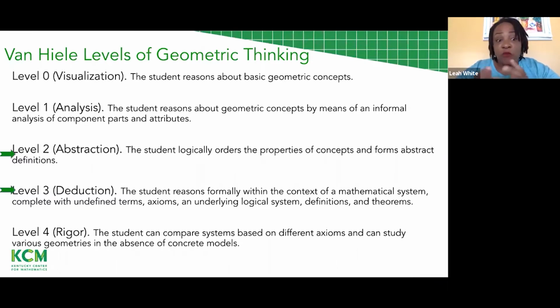Level 4 would be the highest level, and it's more so for mathematicians or math majors, and you look at other geometries that are non-Euclidean. That was interesting to me because as a math major many moons ago, I didn't realize there was a geometry other than Euclidean. And so there actually is. That would be level 4.